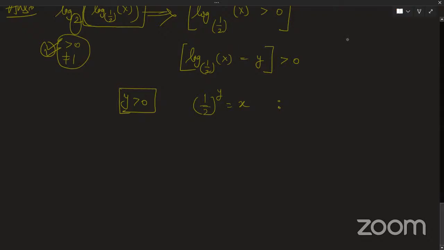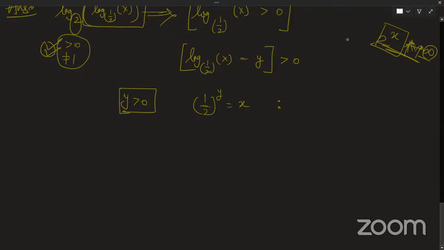Yes, obviously. See, it is 1 by 2, it is lesser than 1. So if I increase its power, just think about it. If you are multiplying a number that is less than 1 with itself many times, it is actually going nearer to 0, not nearer to infinity. If I have a number that's greater than 1 and I multiply it again and again, it will grow towards infinity.